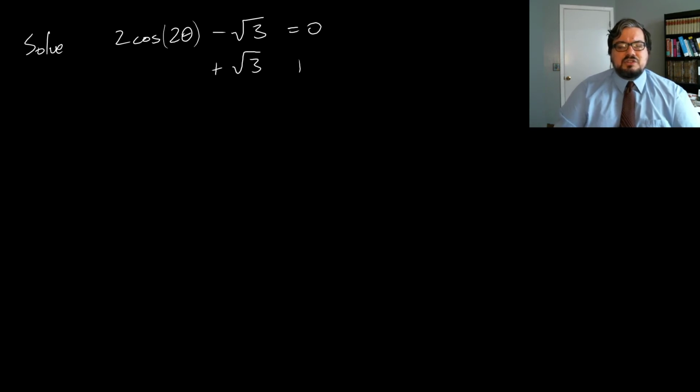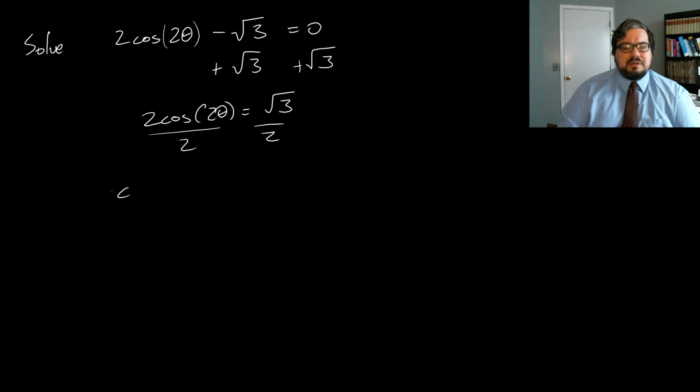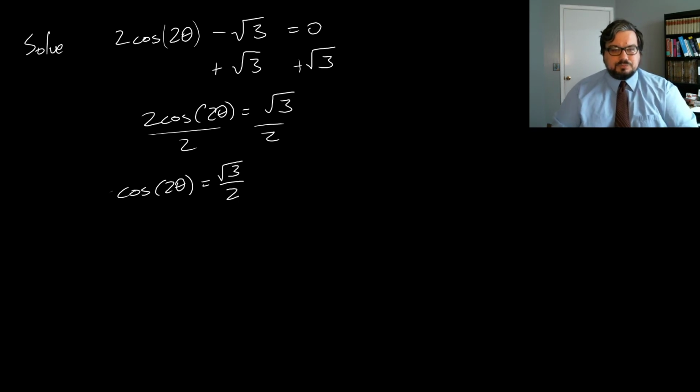As I said, we're going to start the same way. We're going to add square root of 3 to both sides, get 2 cosine 2 theta equals square root of 3, divide by 2, get cosine of 2 theta equals square root of 3 over 2. Now the best thing to do is actually introduce a new variable to stand for everything that's inside the cosine.